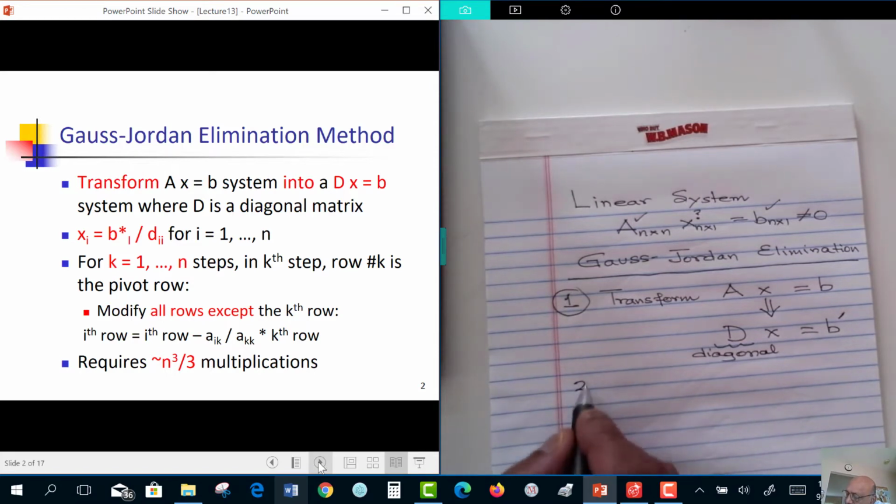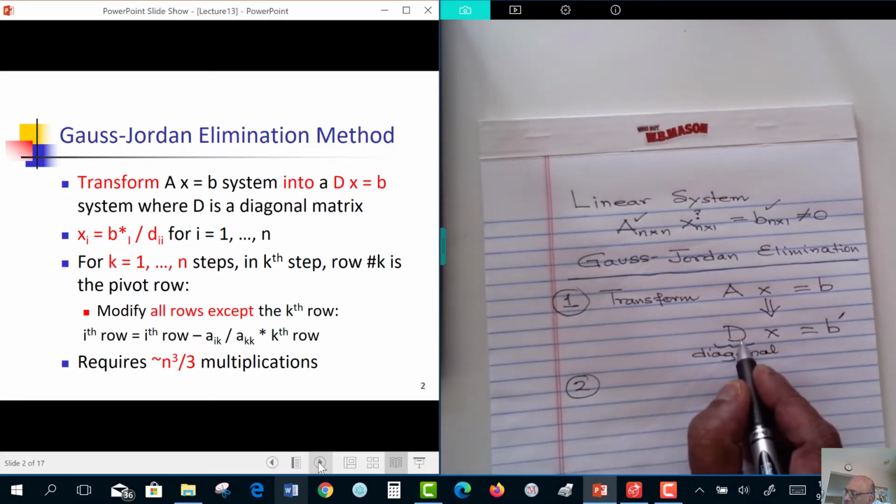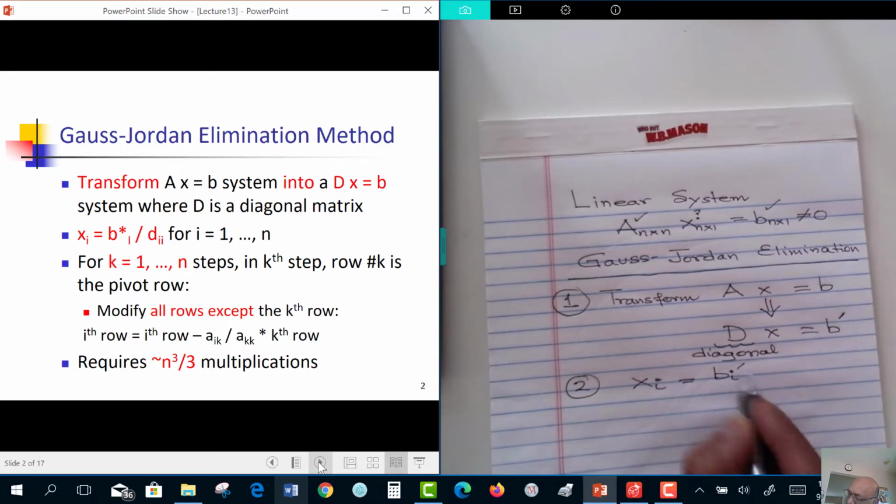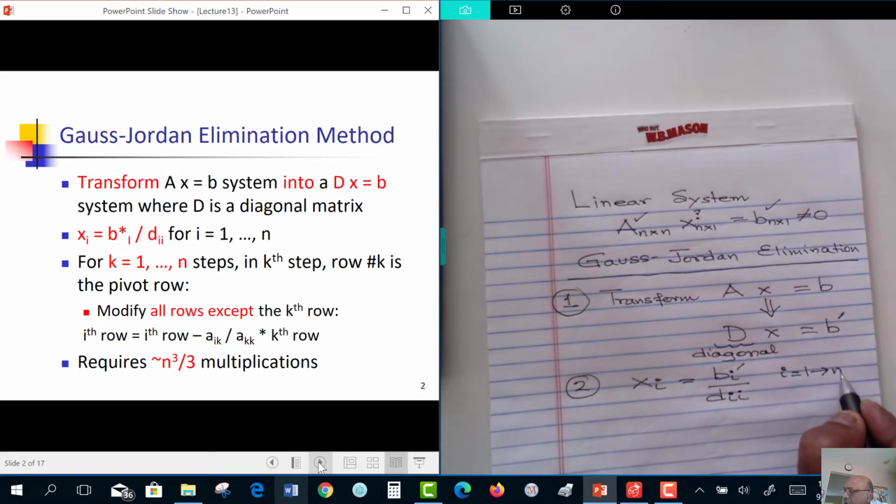And then in the second step, since now this is a diagonal matrix, any x would be the corresponding B element divided by the corresponding diagonal element. And this would be true for all of our unknowns.